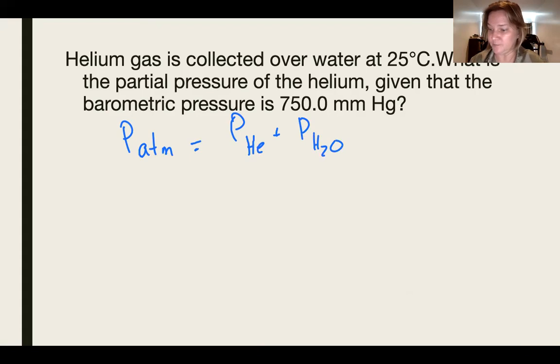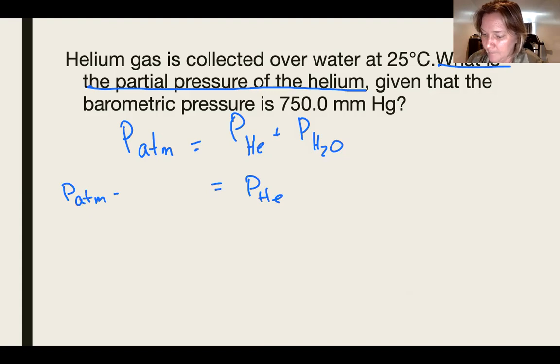We want to know the partial pressure of the helium, so I'm just going to rearrange the equation so that PHe is on the other side. So PHe is equal to PATM minus PH2O.